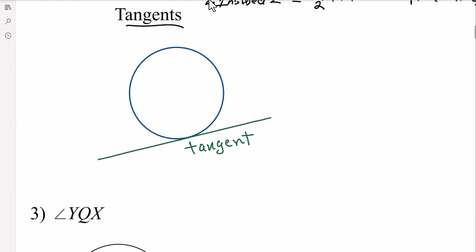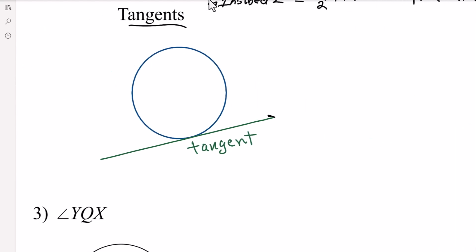A tangent is a segment or a line that touches the outer part of the circle in exactly one place. And if it's tangent, it creates a 90-degree angle from the tangent line to the radius.